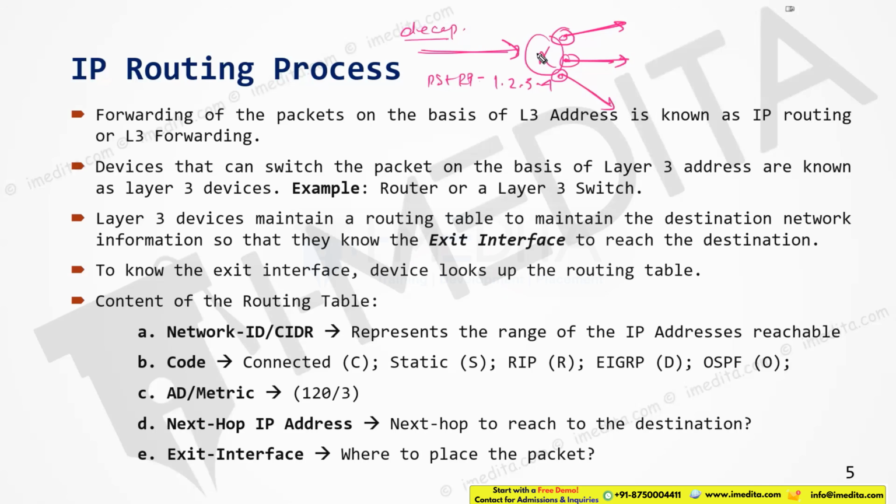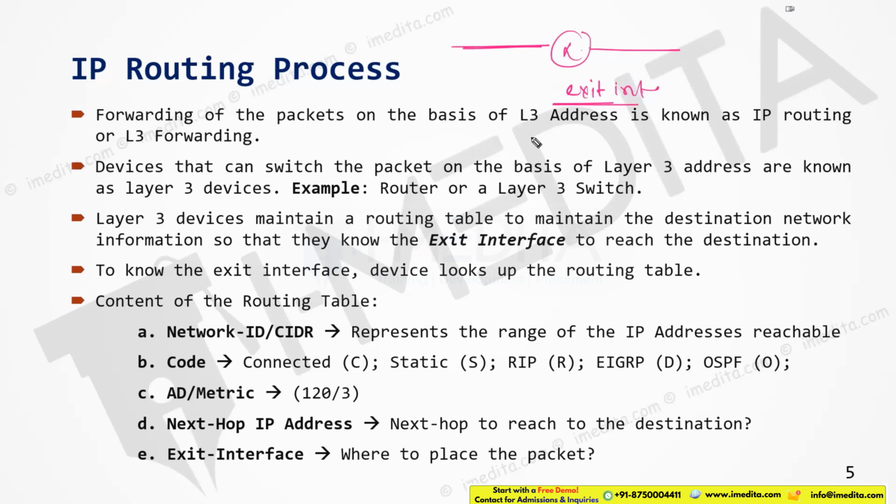And once the router finds out that in order to go to that destination, it has to forward the packet out of interface 0/1, let's say, then it will forward the packet out of that particular interface. Basically, these layer 3 devices, these routing capable devices, must know the exit interface, the outgoing interface, from where they can forward the packet.